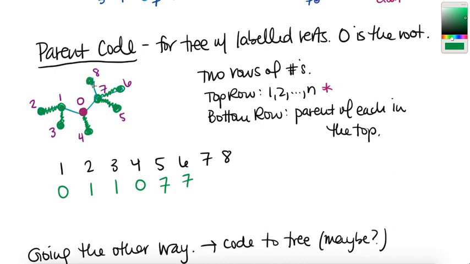And then 8, I go closer, whoops, I skipped it. Okay, so 7, I walk closer, its parent is 0. 8, I walk closer, and its parent is 7.